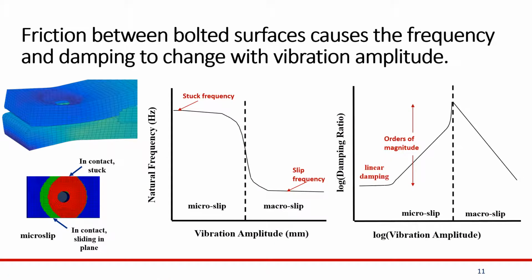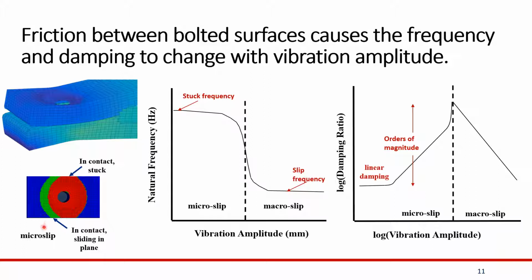Now we also have to look at friction nonlinearity. Bolts are a significant source of damping and stiffness change in built-up structures. Friction between bolted surfaces causes the frequency and damping to change with vibration amplitude. At low amplitudes, the regions closer to the bolt remain stuck, but the ones further away from the bolt start to slip.